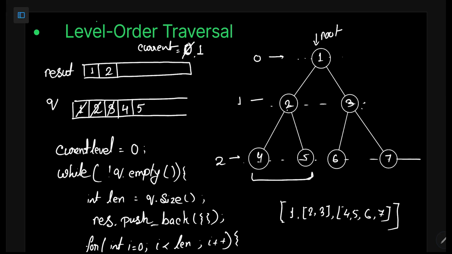Then it will take 3 and pop it out, and then it will store 6 and 7, because left of 3 is 6 and right of 3 is 7. So after that it will also increase the current level by 1.